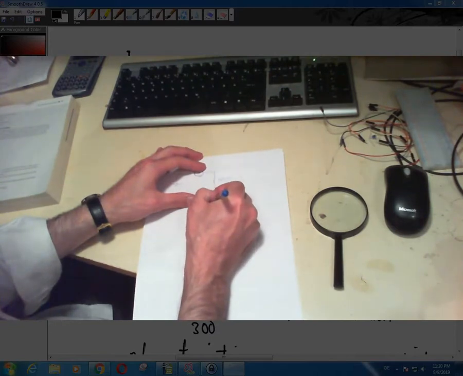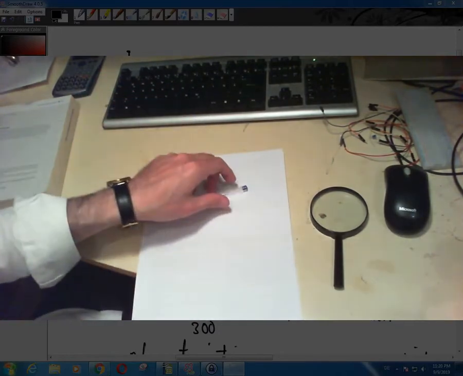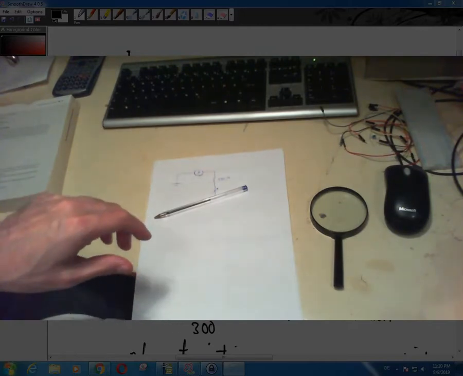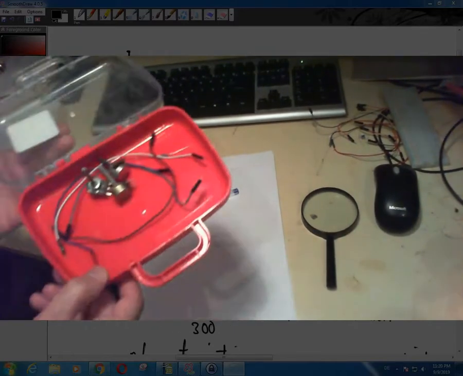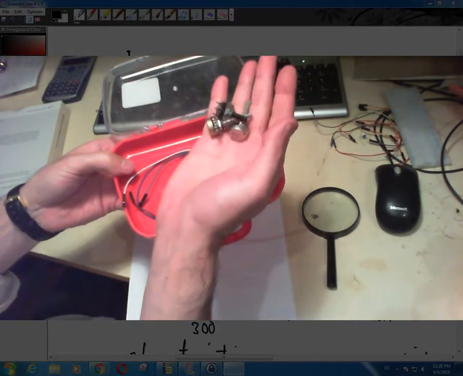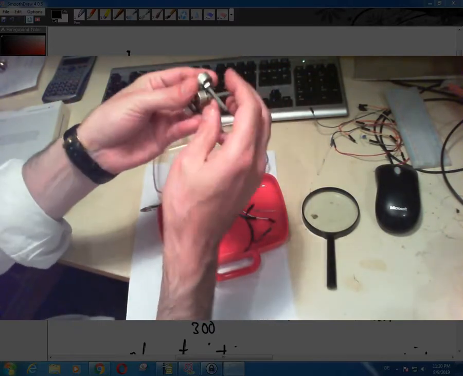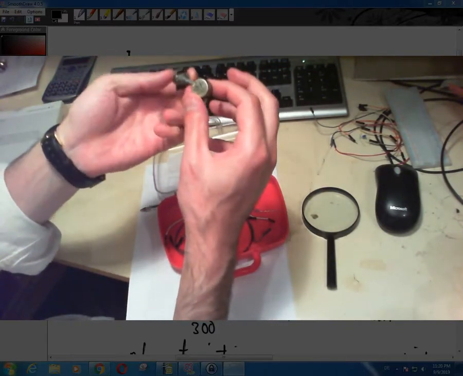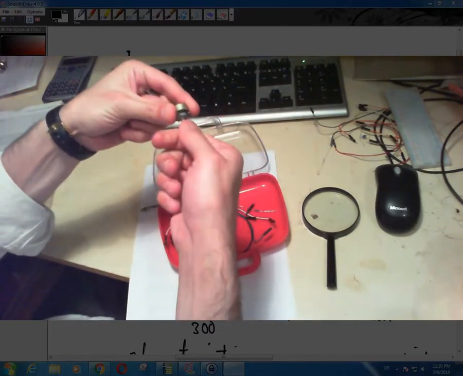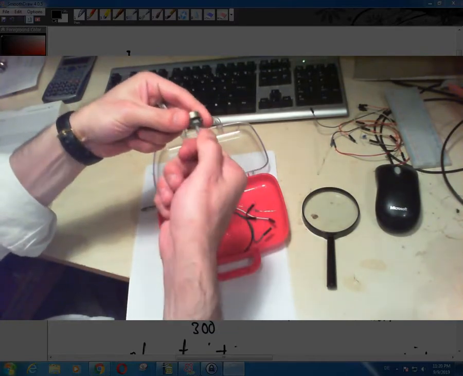Then it goes through some potentiometer, and you can use one of these potentiometers. For example, this is a 4.7 mega ohm potentiometer, and you can turn this knob.